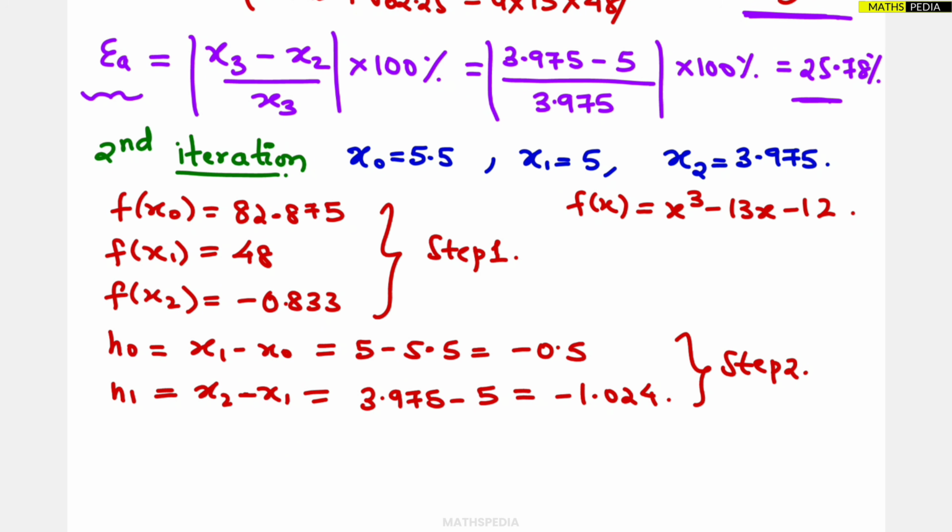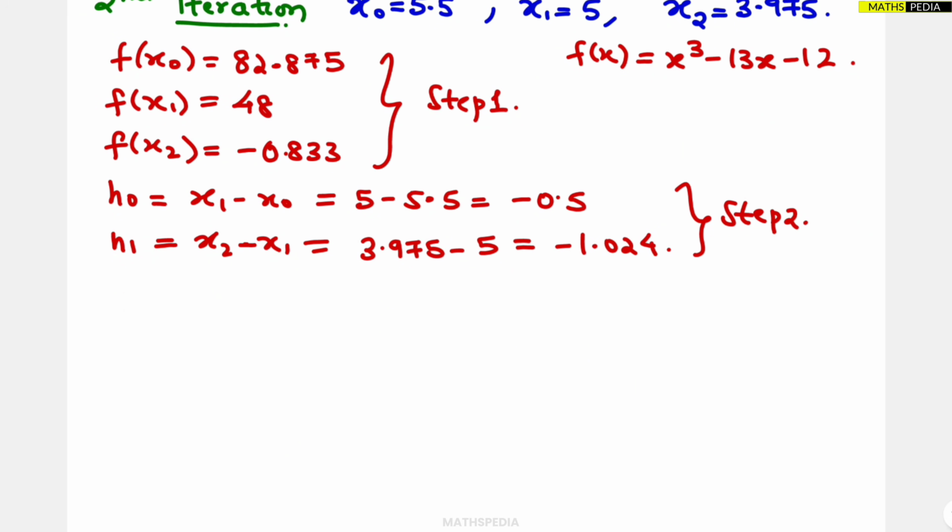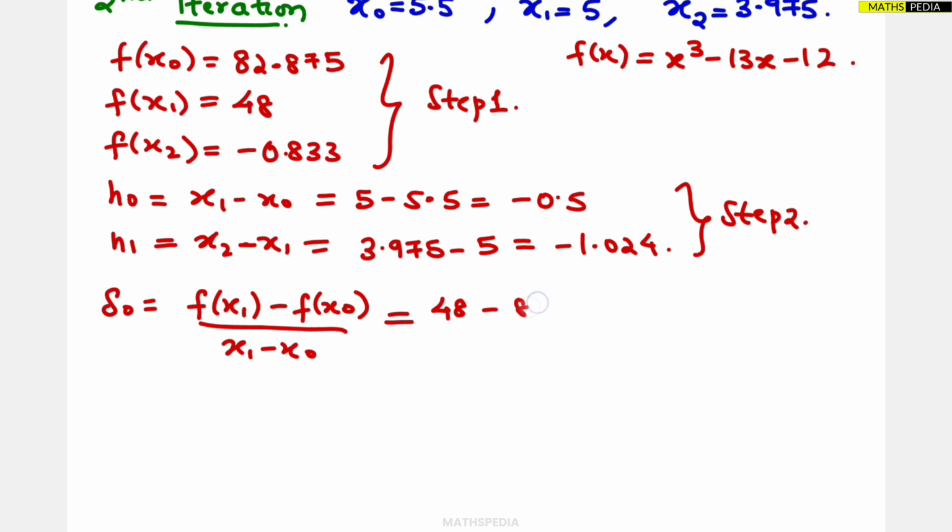Now step number 3 was to find out delta naught and delta 1. Delta naught is f of x1 minus f of x0 divided by x1 minus x0. So what is the f of x1 value? 48 minus 82.875, whole divided by x1 minus x0, which is the same as h0, minus 0.5. So the answer you are getting is 69.75.